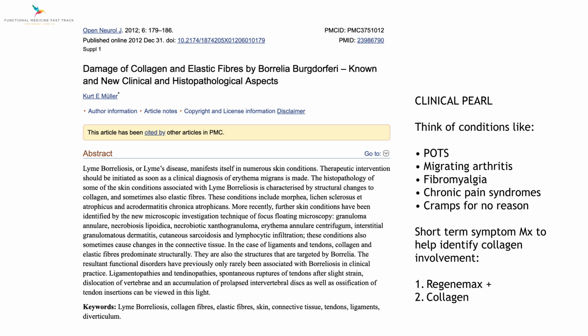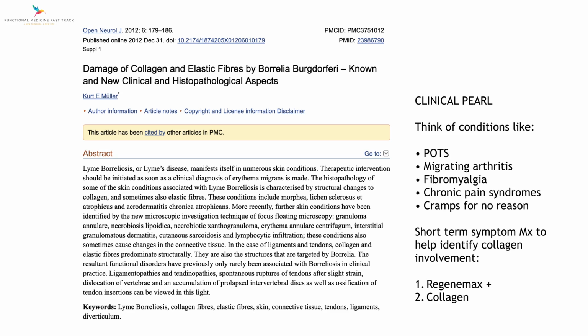So if you use Zymogen's Regenemax along with a good collagen support, and they come back and say to you, within say 48 to 72 hours, wow, you've cured me, you can basically say, I didn't cure you, I managed your symptoms, because now I understand that it's all about managing the balance of your collagen breakdown and reformation.